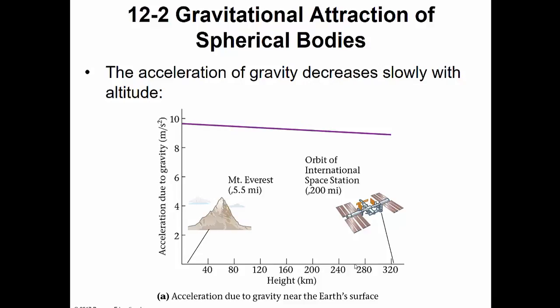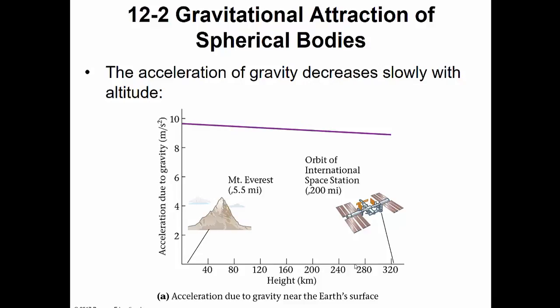The reason it changes is that Mount Everest is a little bit higher, thus more distance is added between you and the center of the Earth. So remember, if you increase r, the inverse square will happen, so your weight will go down.